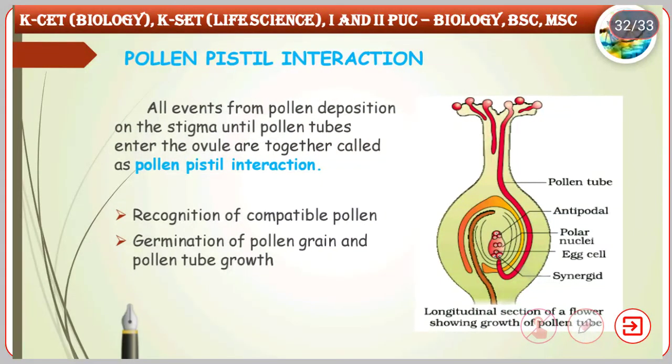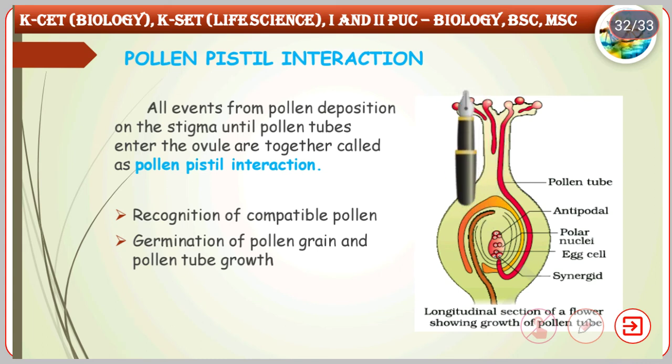So next, pollen pistil interaction. What is pollen pistil interaction? If you know what a pollen grain is and what a pistil is, then it's very easy to understand. I have already told you what pistil and pollen are.